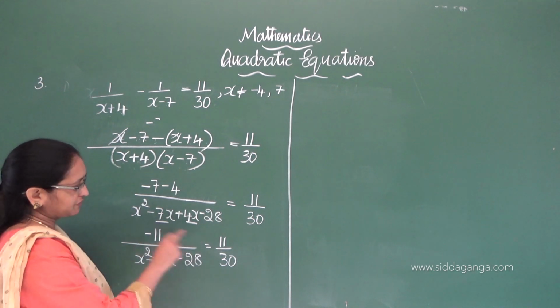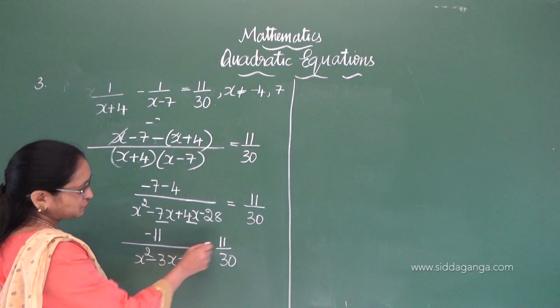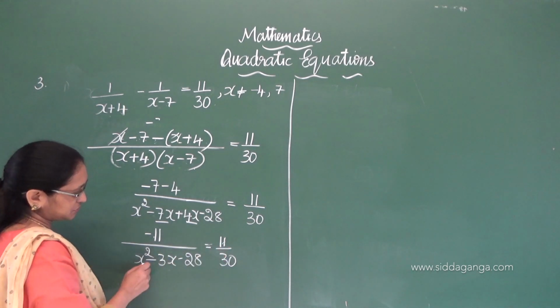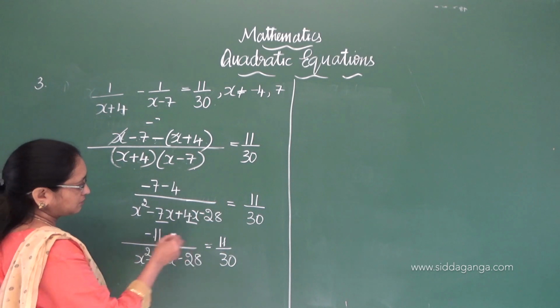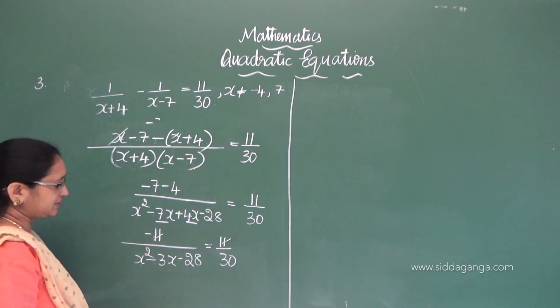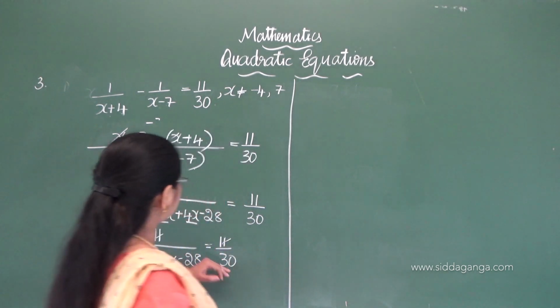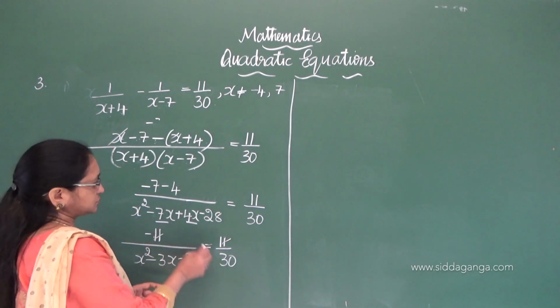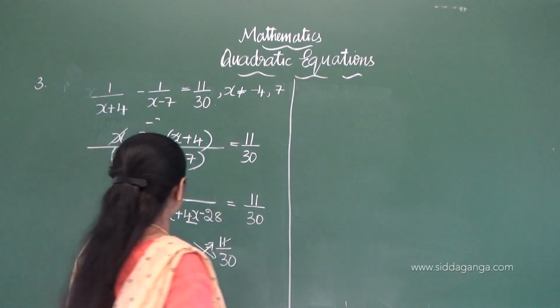Now just observe carefully, here 11 and 11 is there. So you know, if you cross multiply, if you bring this to the denominator, definitely 11 gets cancelled. So I am going to cancel this 11 and 11 here only. So what remains here, or you can cross multiply and then also you can do, okay. So let us do like that only. So let us cross multiply.